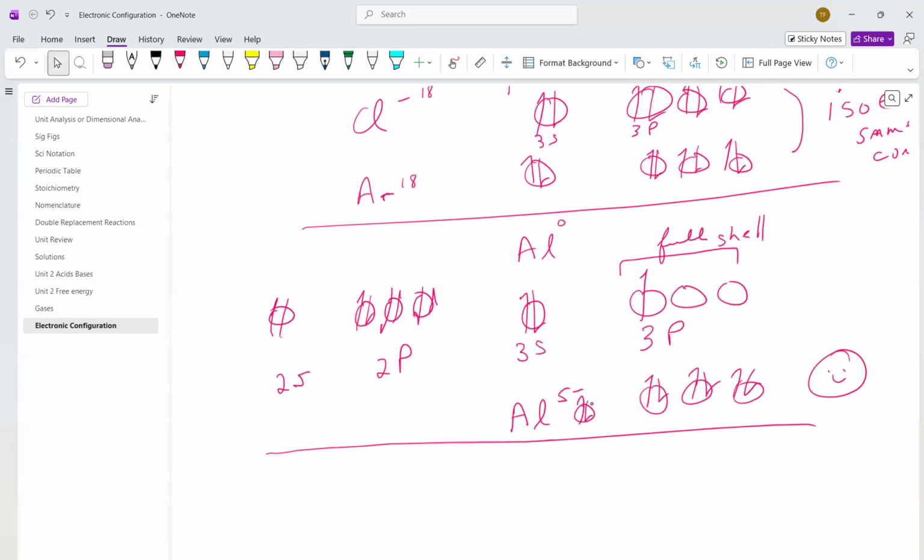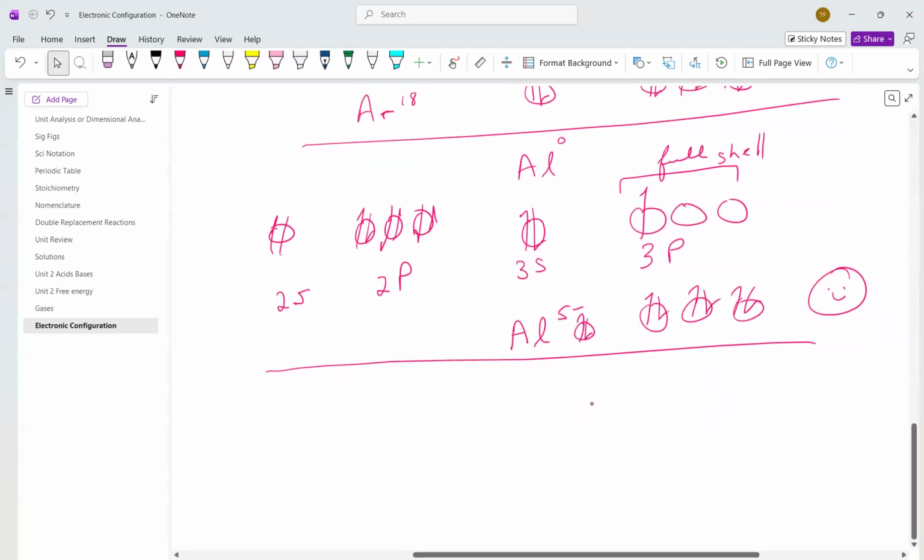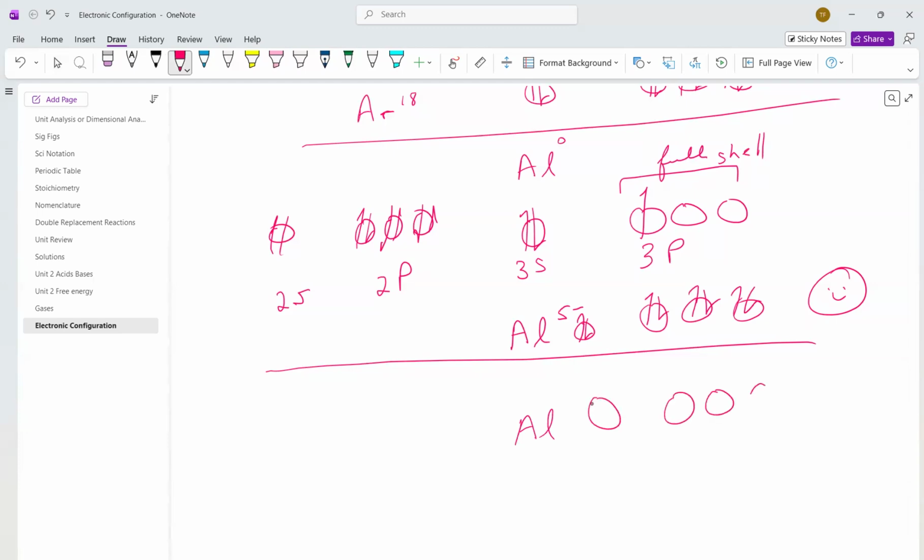Okay, we've added electrons. What other way can we make this ion? Remove one. If we can add it, we can remove it. All right, so that's aluminum metal.